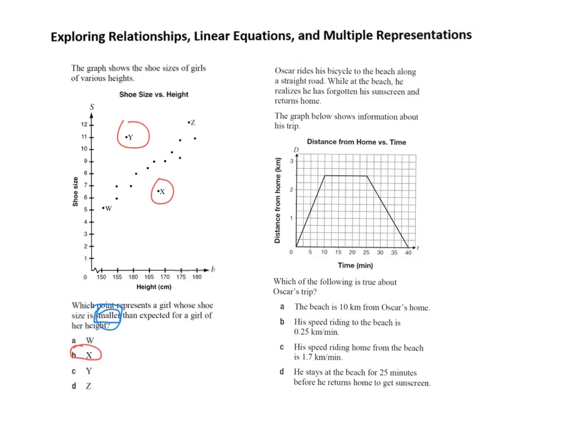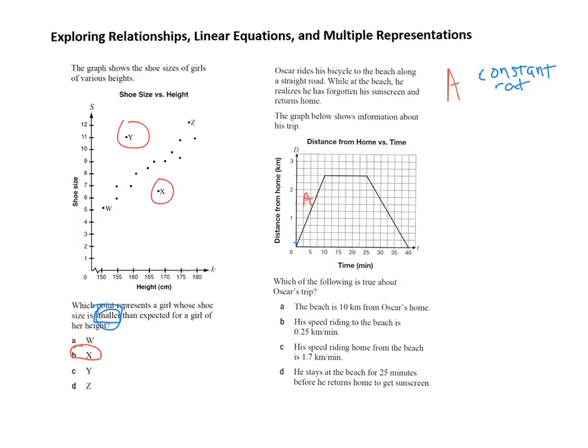If I describe this line here as A, I could say for A, Oscar rode at a constant rate of speed, and I could figure out what that constant rate is by using rise over run.